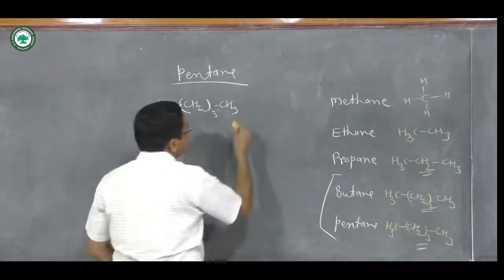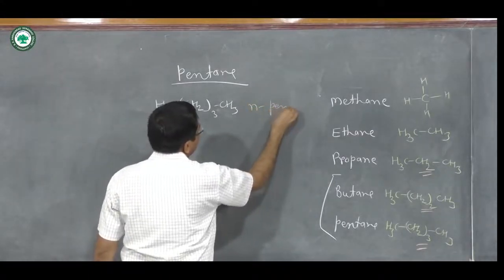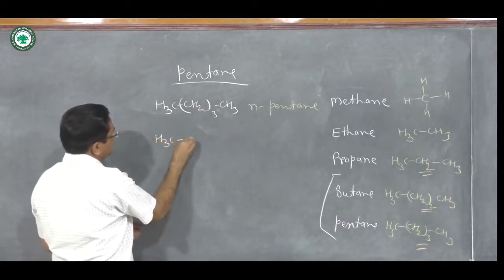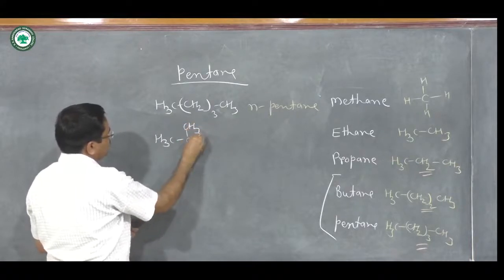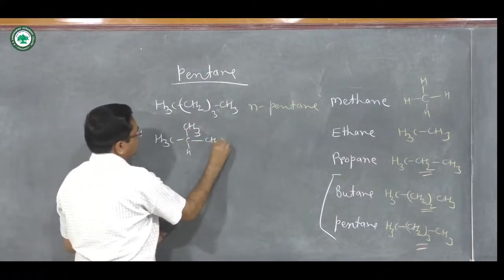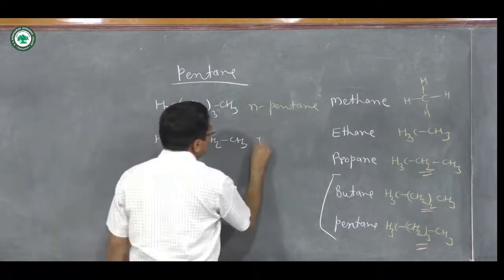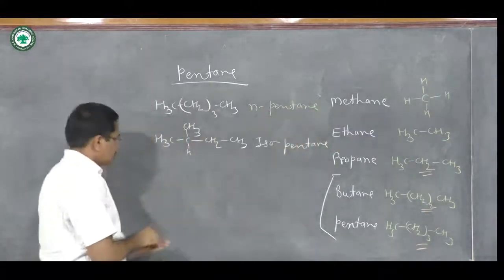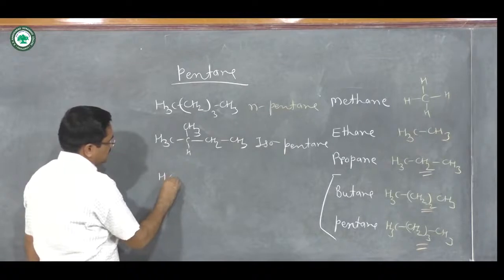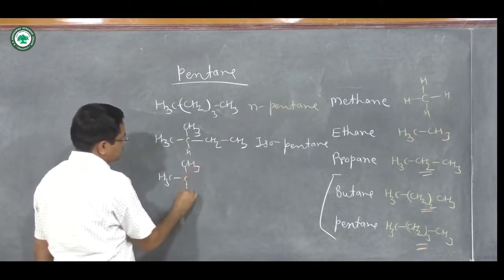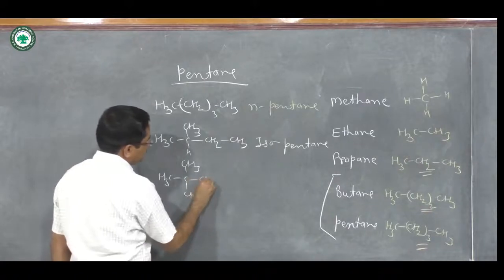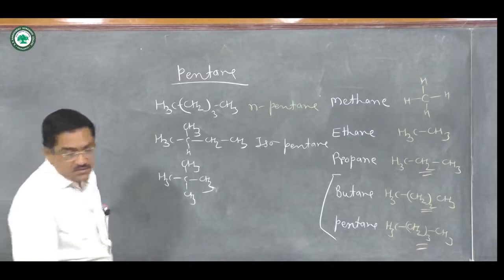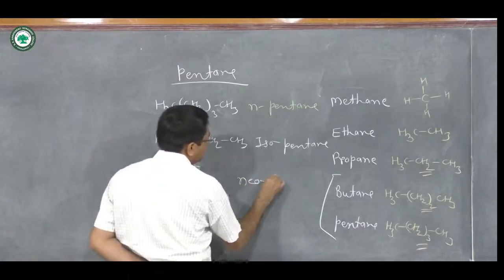This is N-pentane. This is isopentane. And suppose two methyl groups are attached here, then this is neopentane.